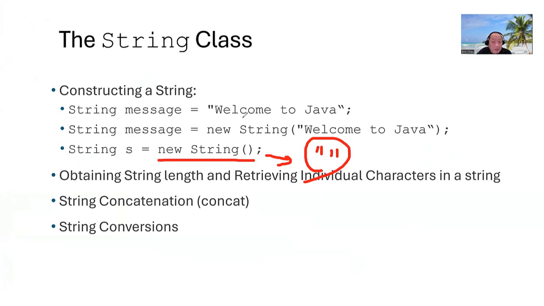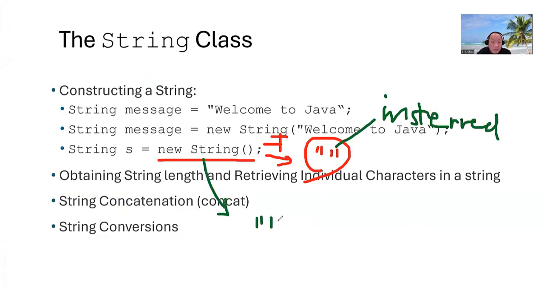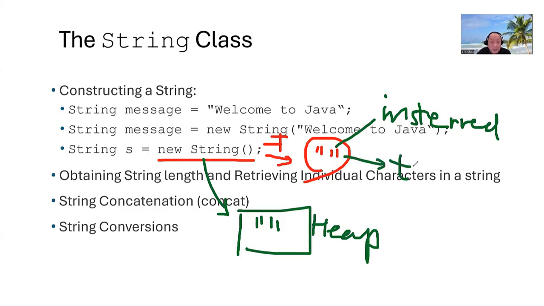But this one and this one are actually also different, because this is an interned string, yet this one is an empty string that's put into the heap. So these two are still not 100% the same. If this one is called T and this one is called S, S equal T will still be false.